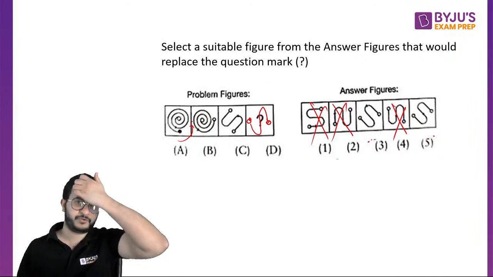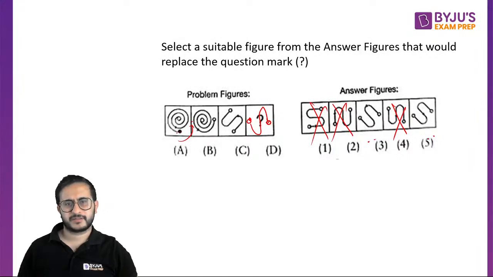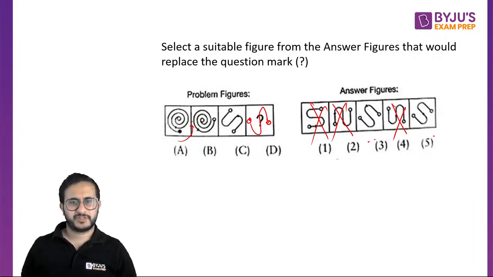3 or 5. Now you will have to look at the arrow. What is happening to the arrow? The arrow is not clearly visible in this. Is it pointing this direction? The arrow which is not clearly visible gives a doubtful scenario, right? In this A, the arrow is not visible.